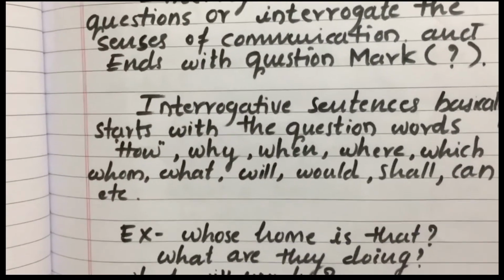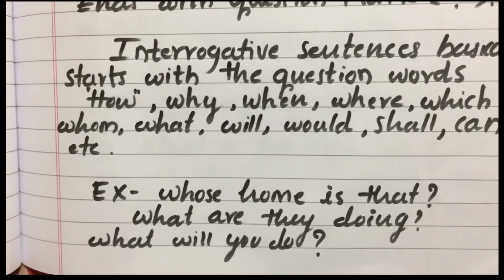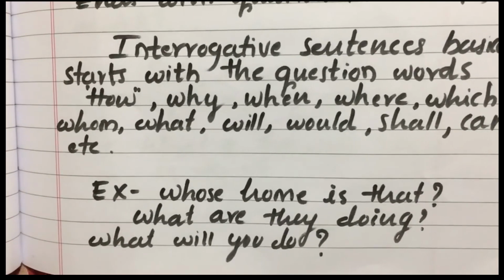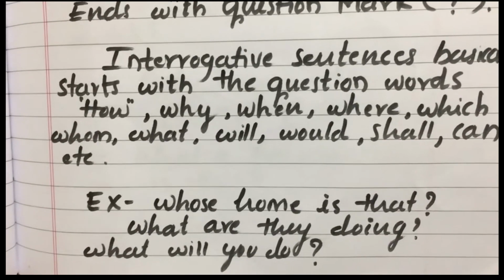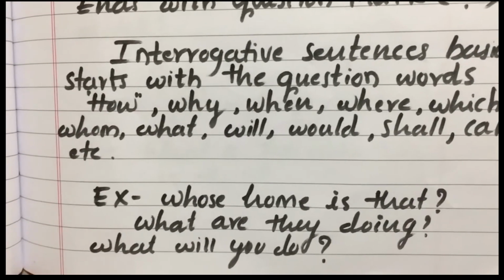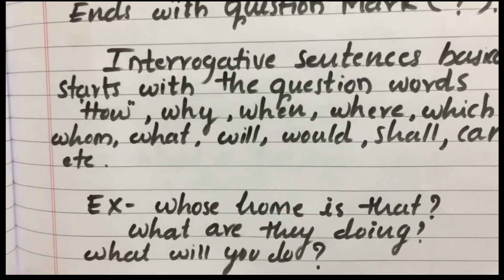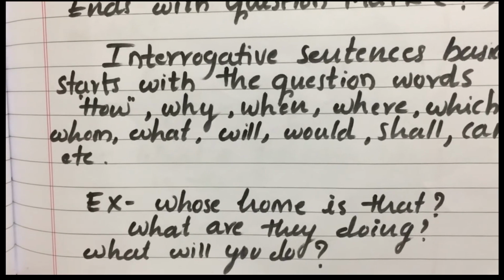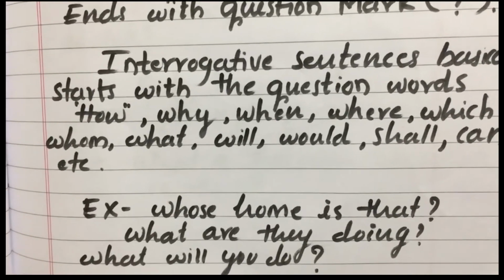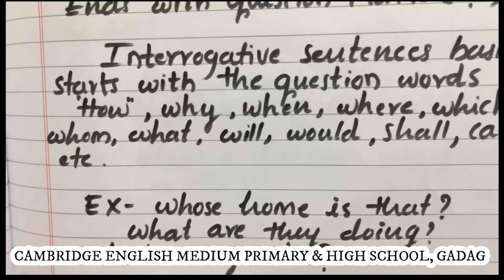Now see here some examples. Whose home is that? What are they doing? What will you do? Here these sentences begin with whose, what and what. And some sentences start with where, when. Whose home is that?